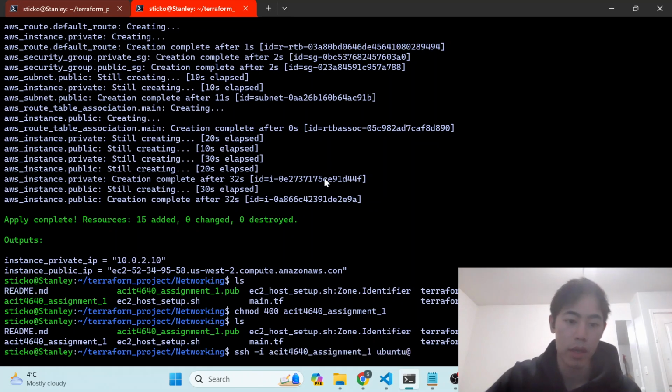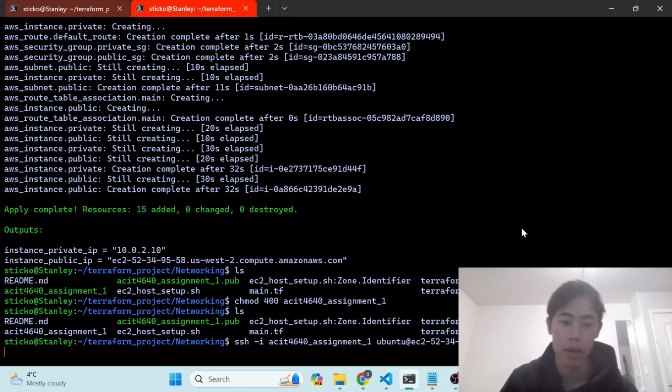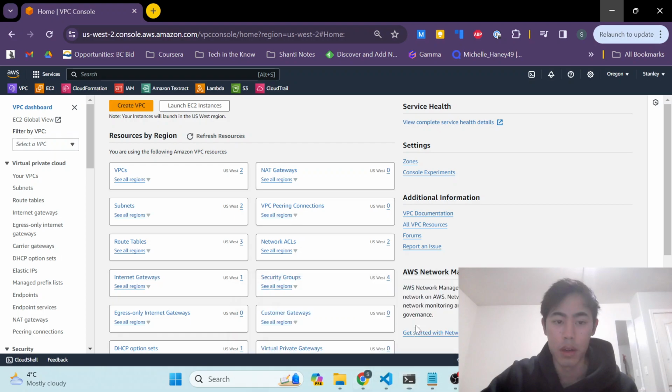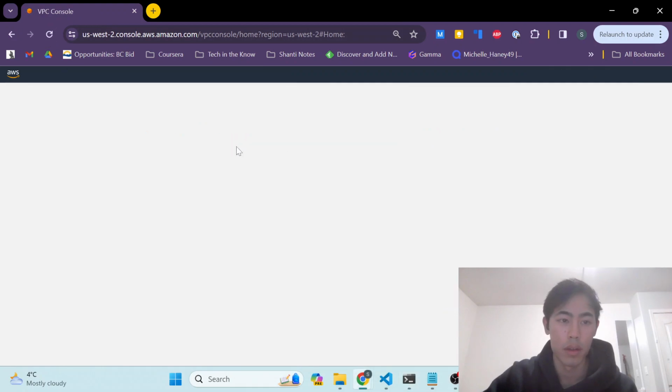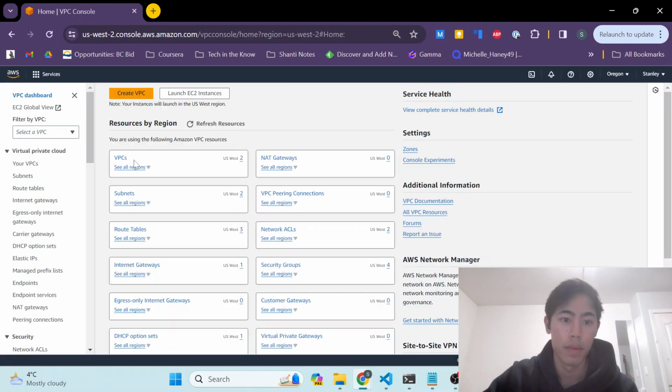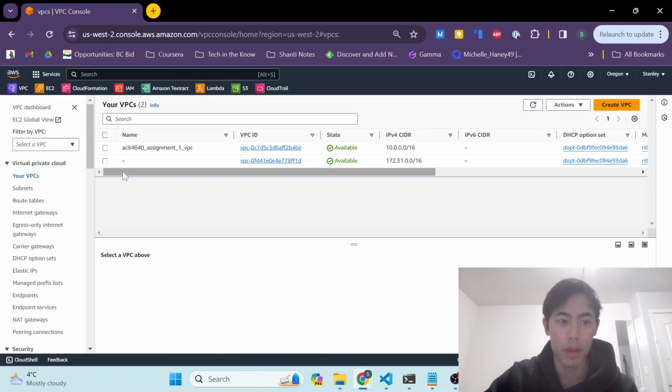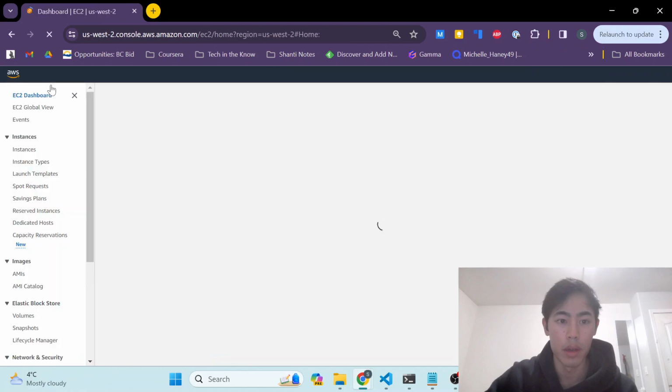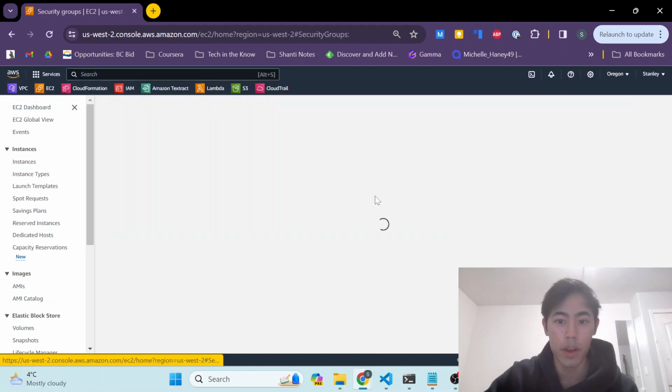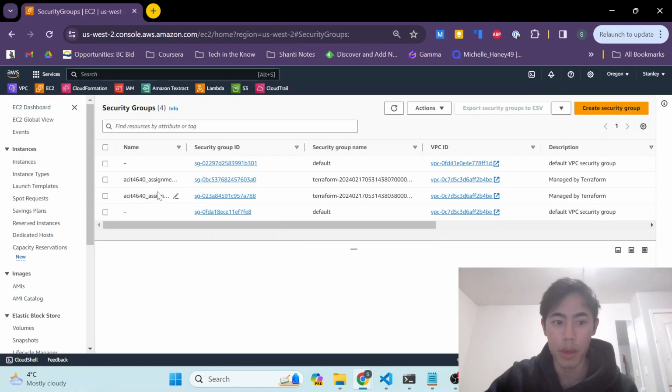Ubuntu at. So I tried figuring this out, but I'm out of time for the assignment submission, but SSH times out. So the VPC is created. Then I figured it'd be the security group that is timing me out.